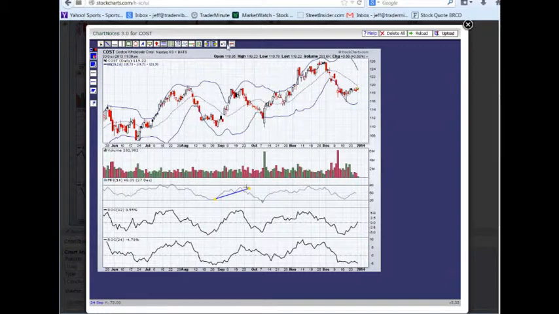But what's happening with technical analysis as it evolves, and over the last 5 years we've seen a lot more of this, is it's becoming a second derivative world. Now, what does that mean? Well, for those of you who have had any calculus, and I've had a little bit, I'm no calculus expert, a second derivative is really the rate of change or the acceleration.